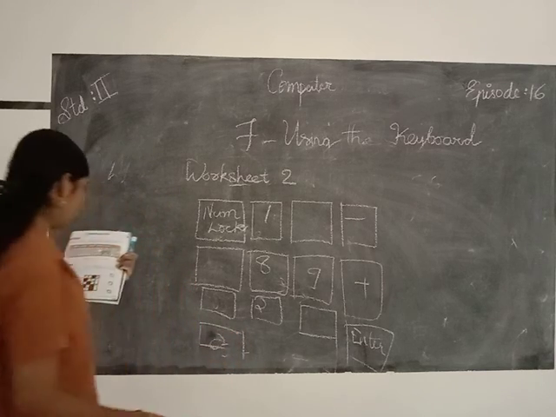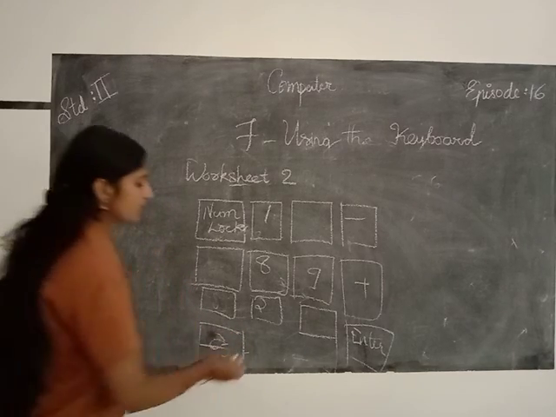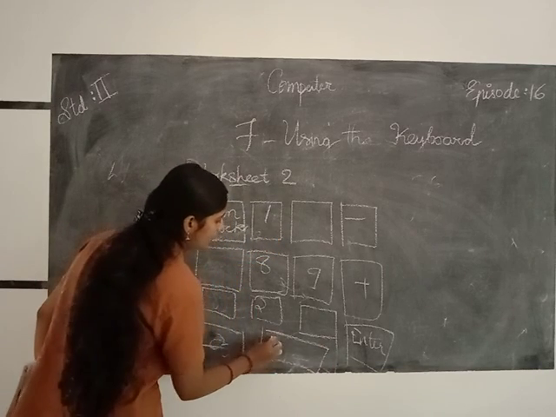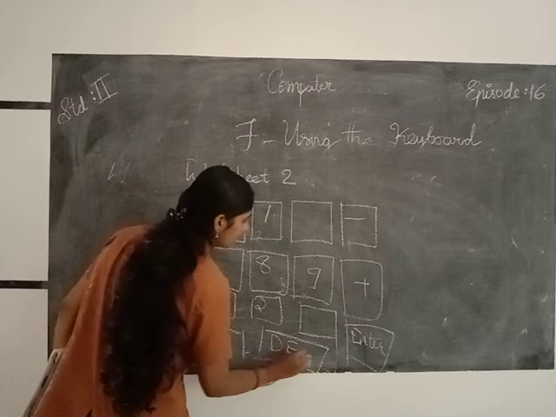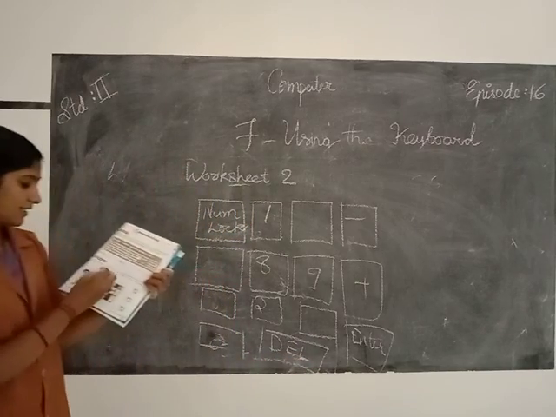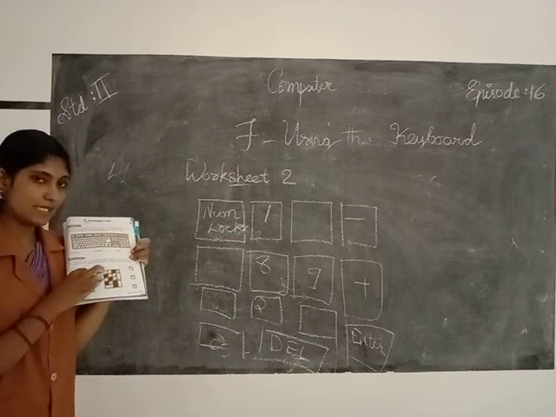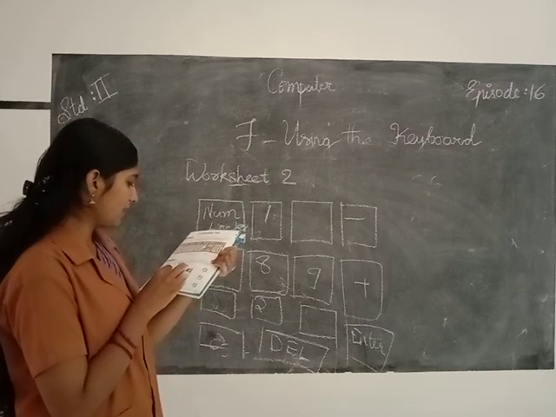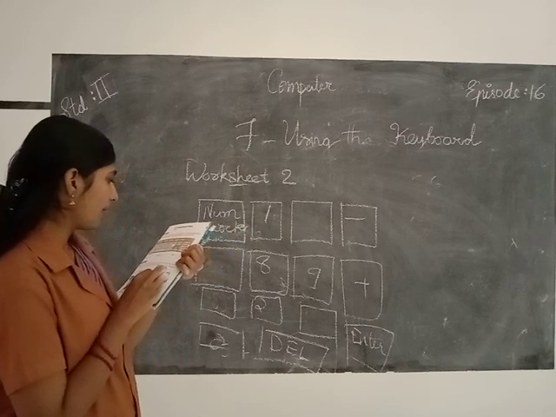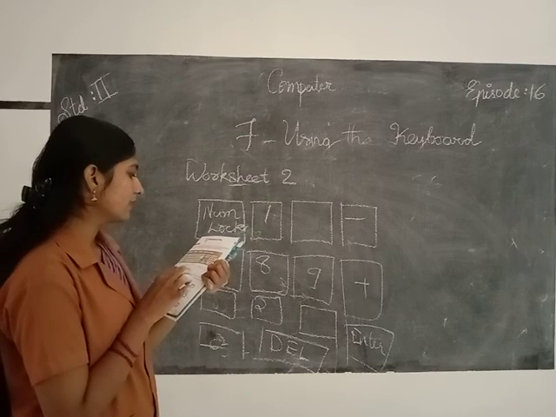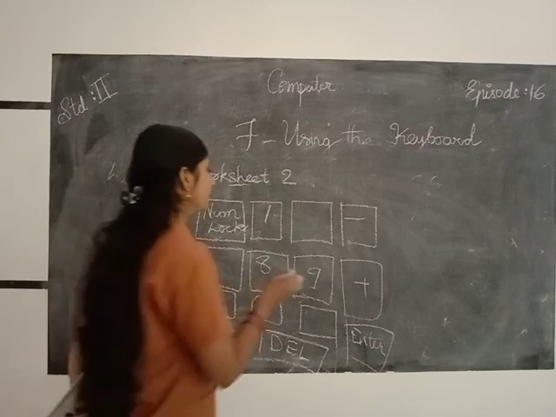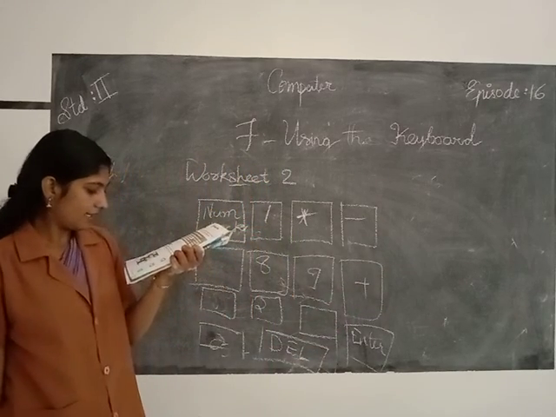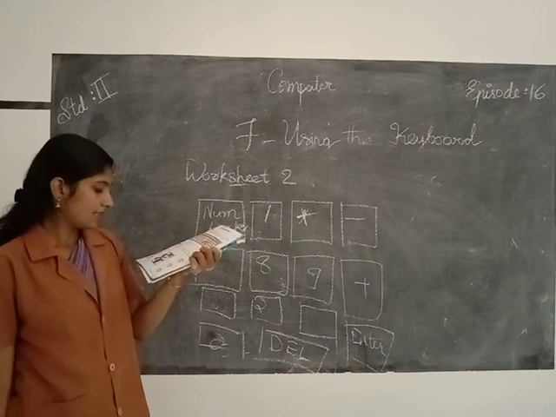Okay. First, delete. Delete is located here, at the bottom side of the numeric keyboard. So we place the delete in the correct place. Next, the star symbol is located at the top side, above the 9. So this is the star symbol. Then next 7.